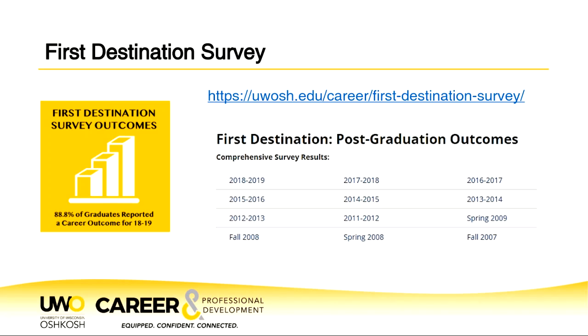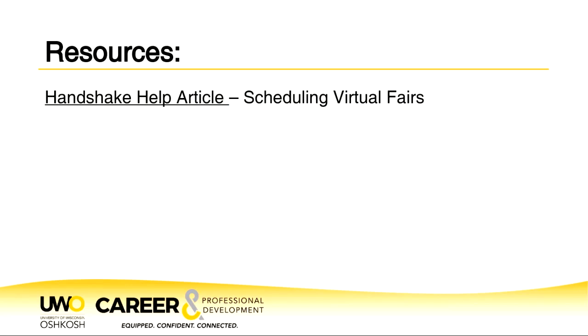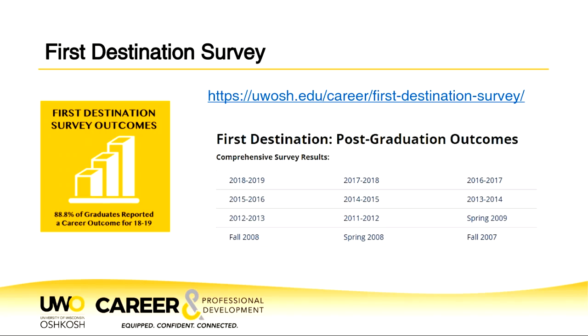View of our first destination survey. Let's see my slide. Okay. Sorry, there's a lag there a bit. So we administered the first destination survey to all of our seniors who are graduating. We want to collect information to get a picture of what they are doing after graduation.